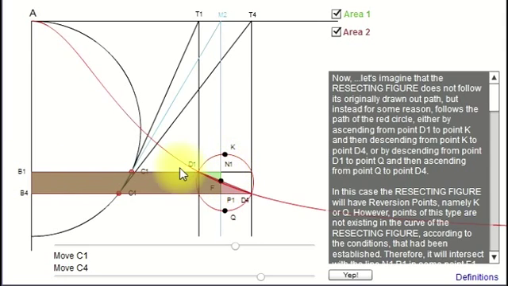So the resecting curve is always intersecting this vertical from M1 right between the ordinates of both points. So this intersection point F is always falling in this complementary rectangle.